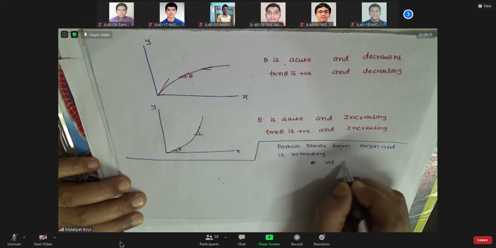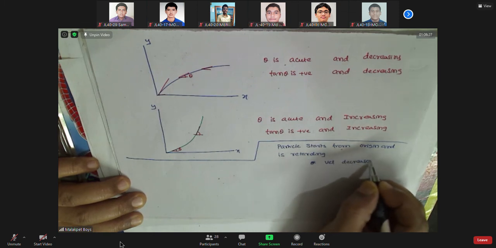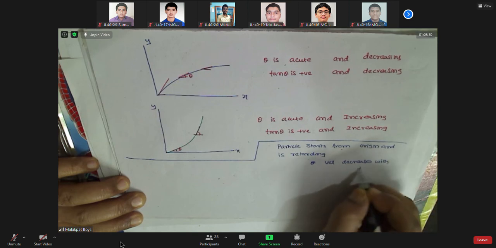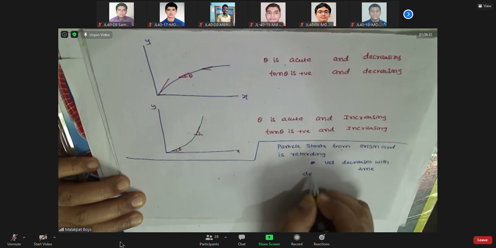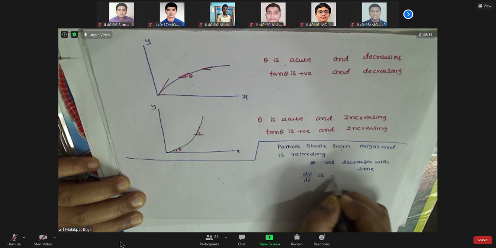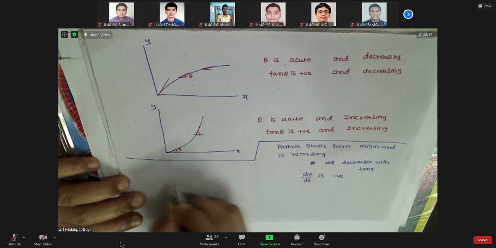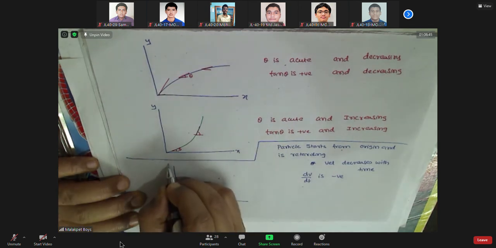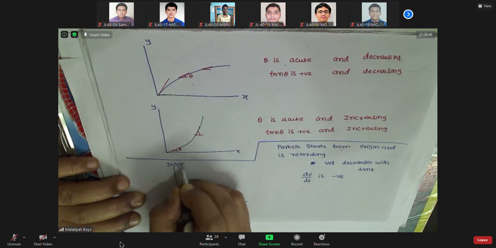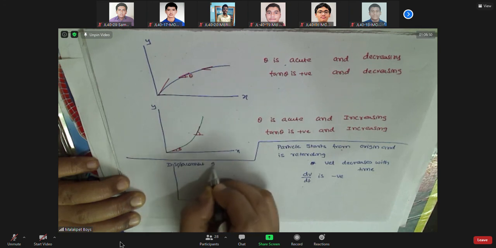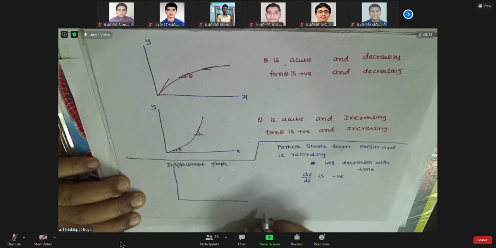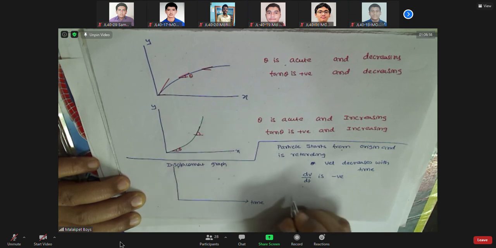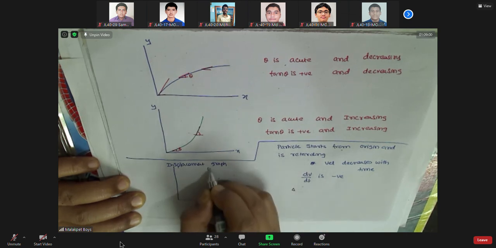Velocity decreases with time now. That means we have dv by dt negative. If you draw a graph like this, agreed? This is the displacement-time graph.